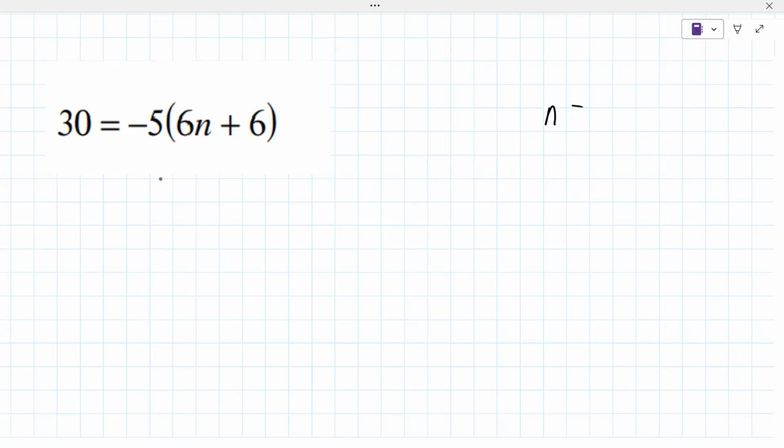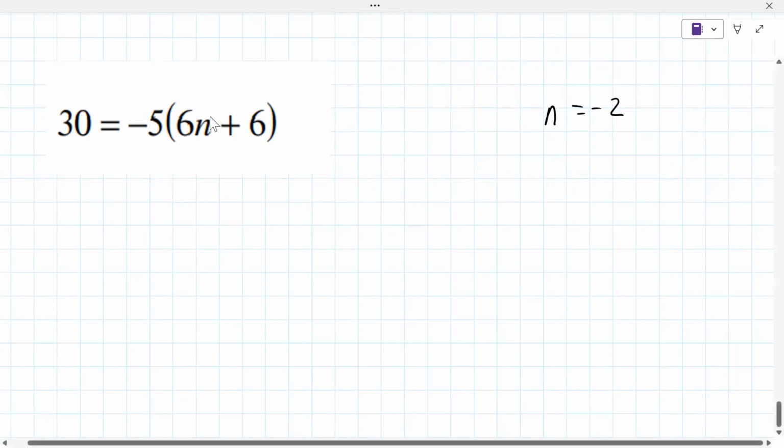So did you check your answer? Plug in -2. You got n equals -2 as your answer, and you checked that?